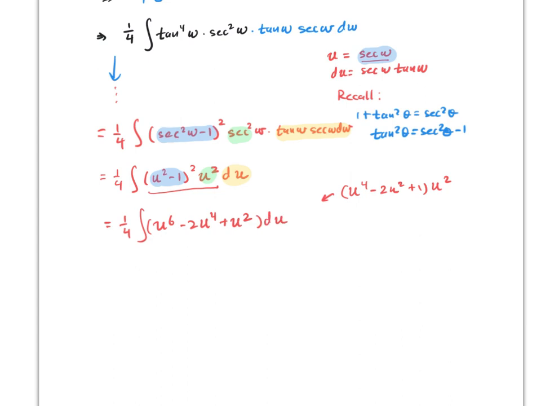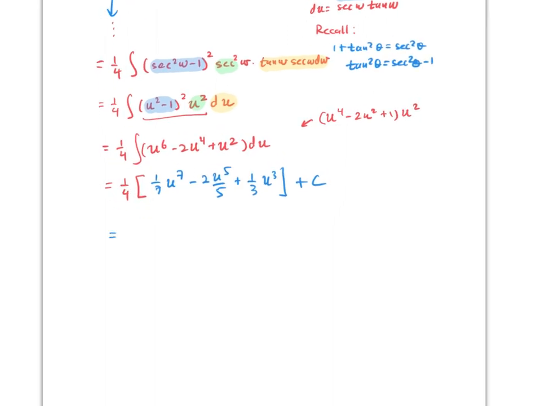And this is pretty easy to integrate. So this will be 1/4 times u to the 7 over 7 minus 2u to the 5th over 5 plus 1/3 u cubed, and everything is then plus c.